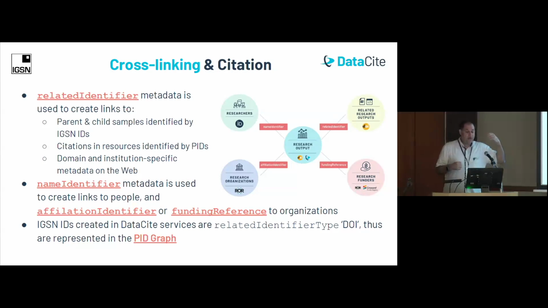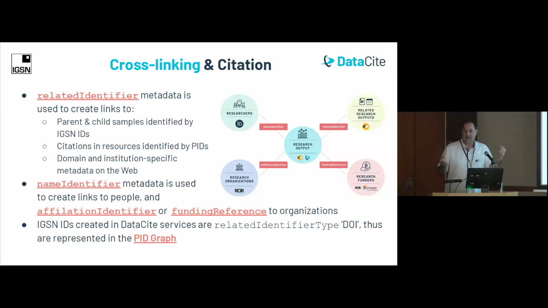Importantly, there is also domain and institute specific metadata on the web. The DataCite metadata schema is generic. It's never going to capture the myriad types of sample metadata out there. But you can link the metadata schema that you are using in the DataCite metadata to tell people these are the types of things, this is the sort of information we're collecting. And of course, you can also add people through name identifier metadata.